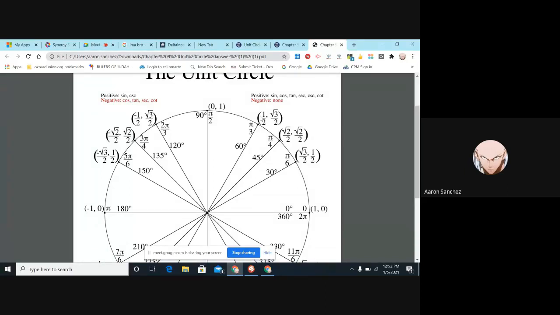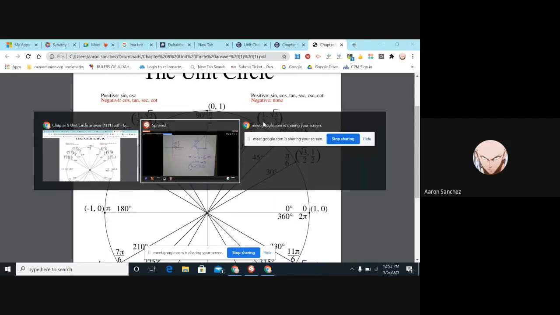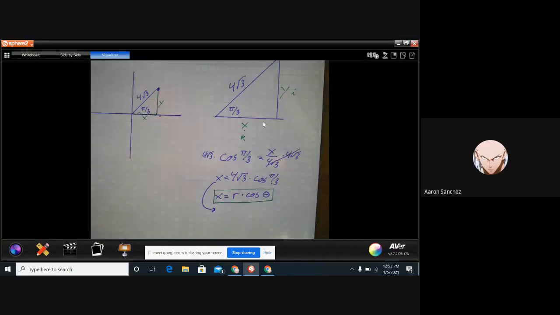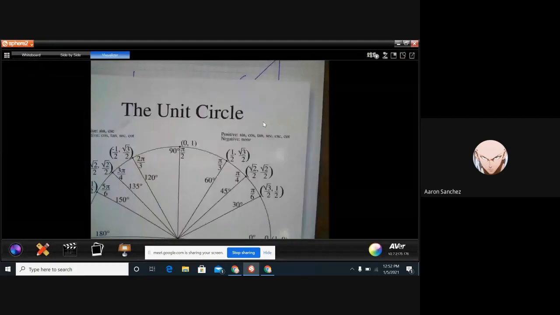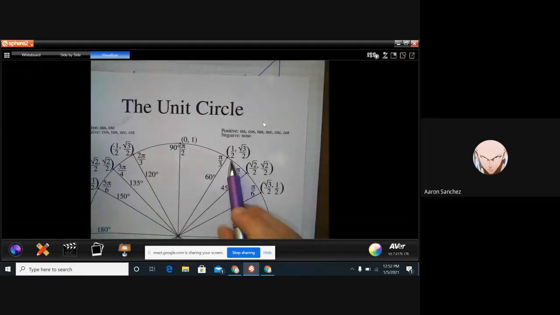You cannot do that with the calculator. You need a unit circle. Again, the cosine of pi over 3 is equal to 1/2. Cosine pi over 3 is 1/2.